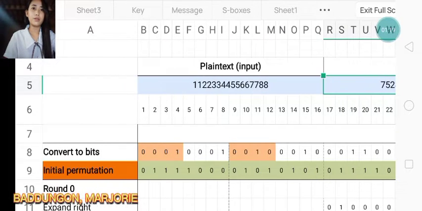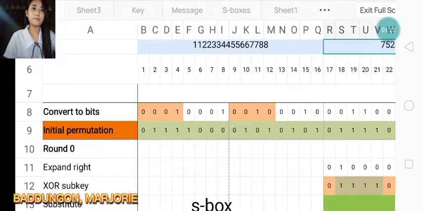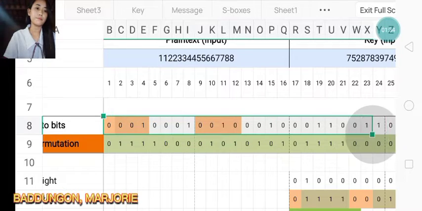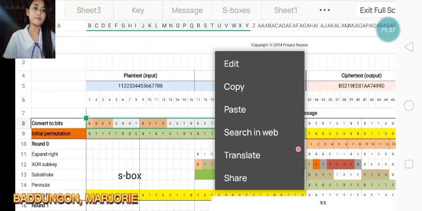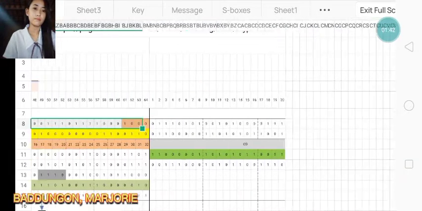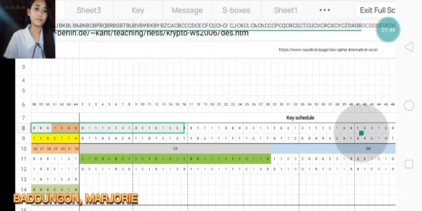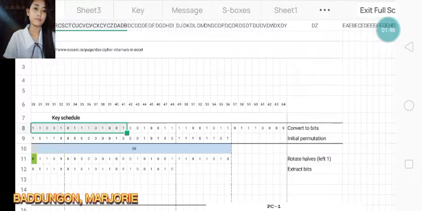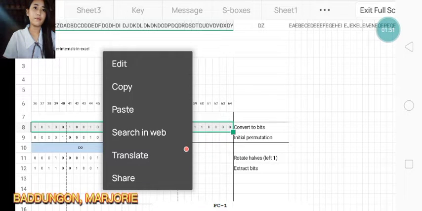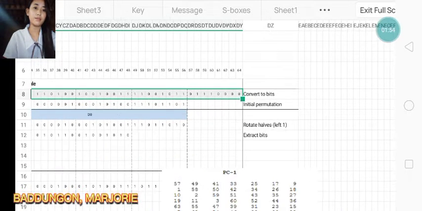We will be entering the resulted binary in the converting bits row. As you can see, this is the converted bit key to binary in this row.